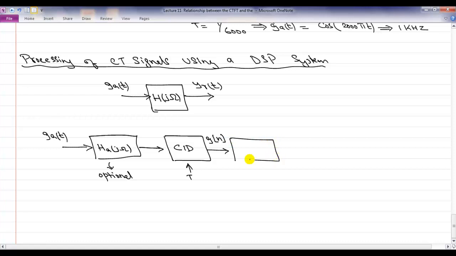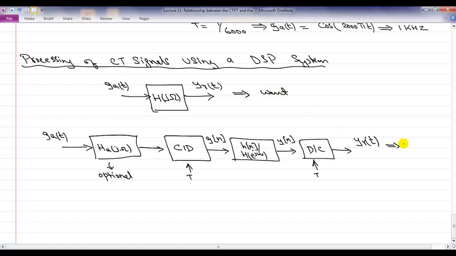And then you pass it through a discrete time system. So you pass it through Hn or H e to the j omega, however you specify it, to get Yn. And then you reconstruct it with time period t to get yr of t. Okay. So this is what you want, and this is what we have.